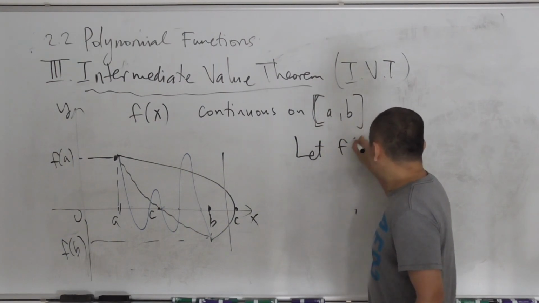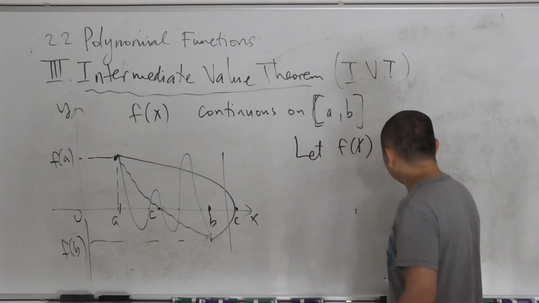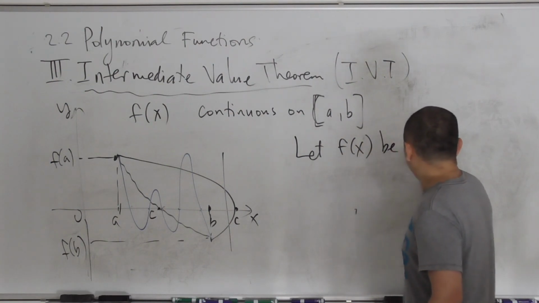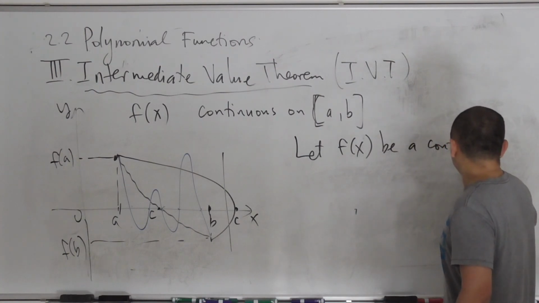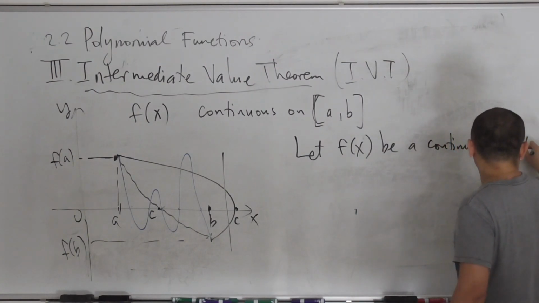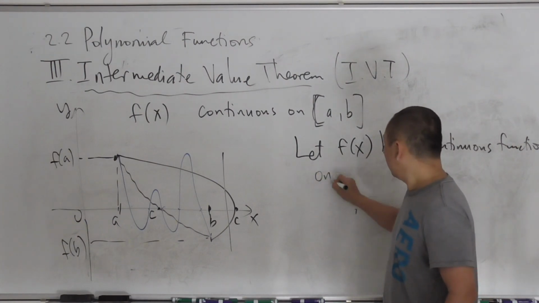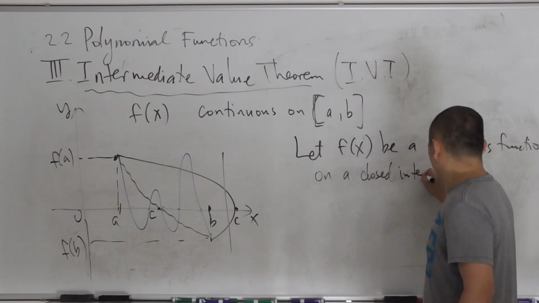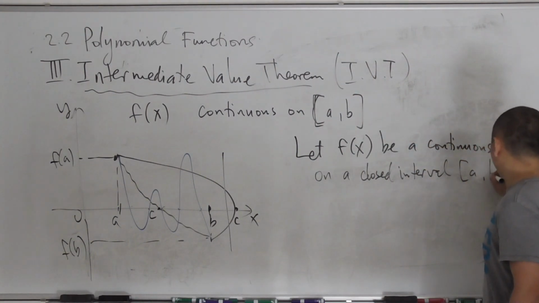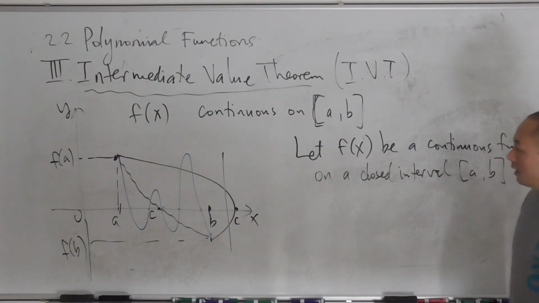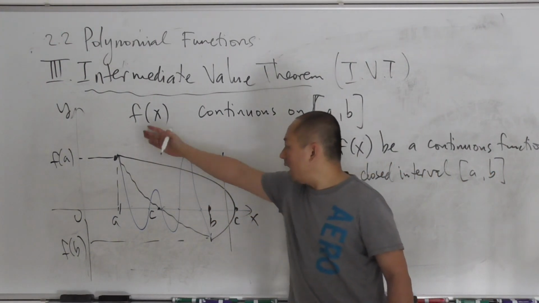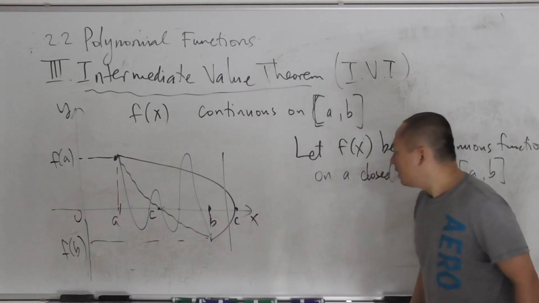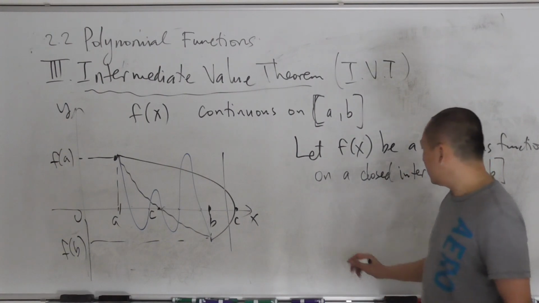Let f of x be a continuous function on a closed interval A to B. And now I want to include two cases. F of A is above, f of B is below, and the other way around. F of A is below and f of B is above the x-axis. I'm going to say it this way.